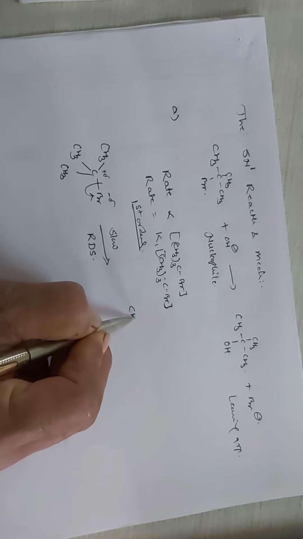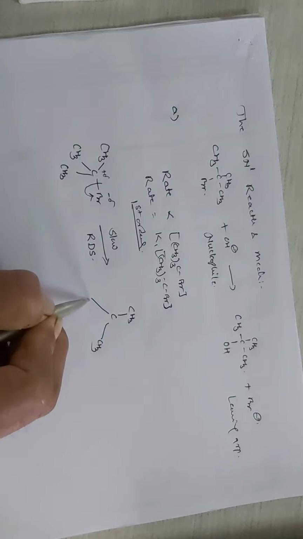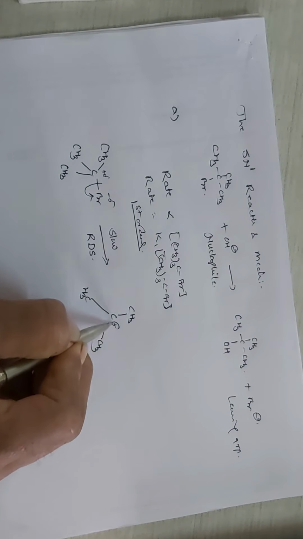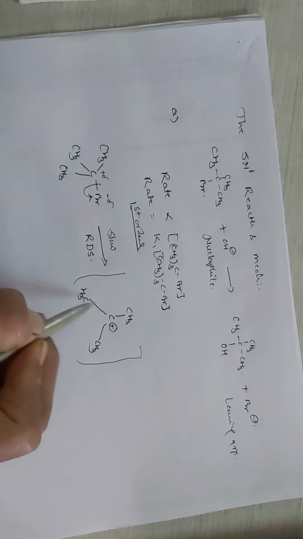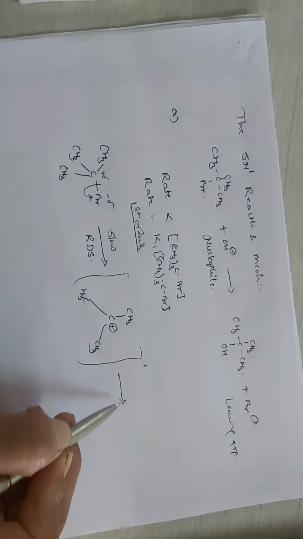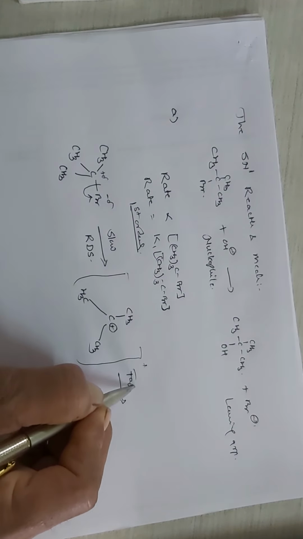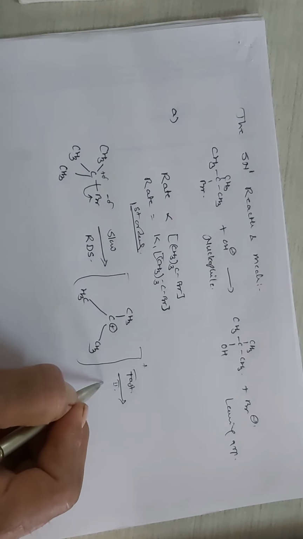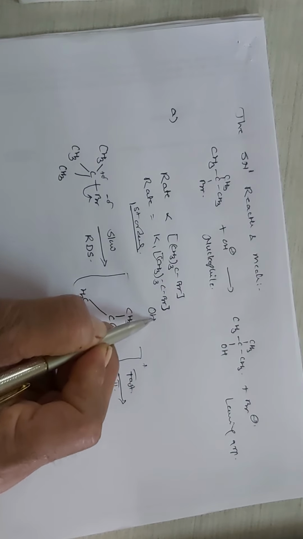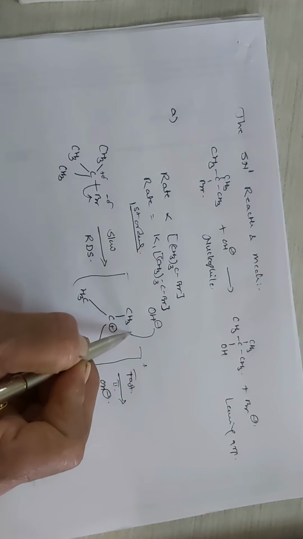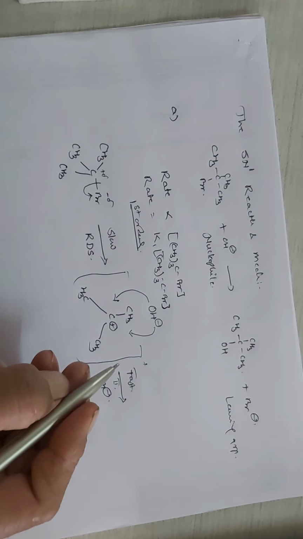And here we get the formation of an intermediate, that is a carbocation, because the nucleophile is not involved in this step. As the transition state is obtained, the second step is fast, and so the nucleophile OH minus can attack from both sides, that is from the front side or from the back side of the carbocation.